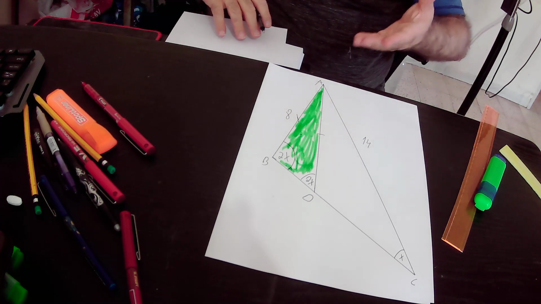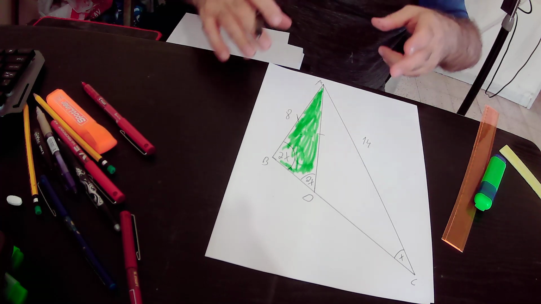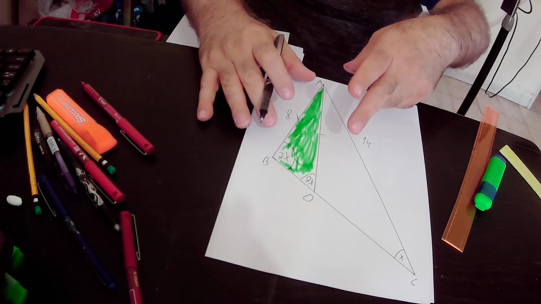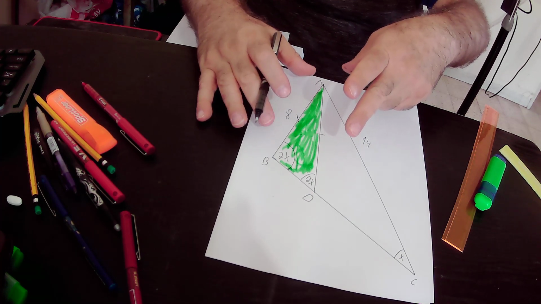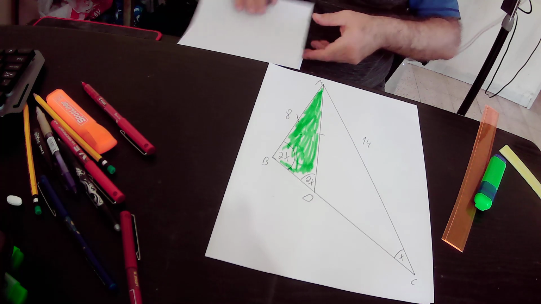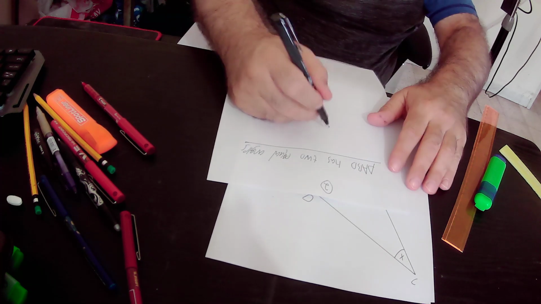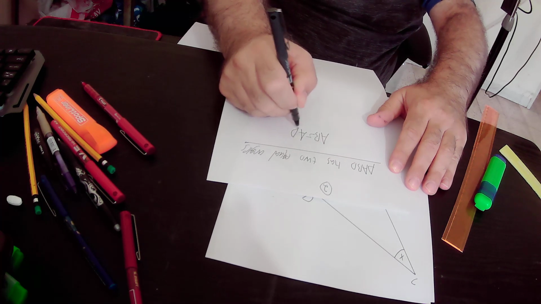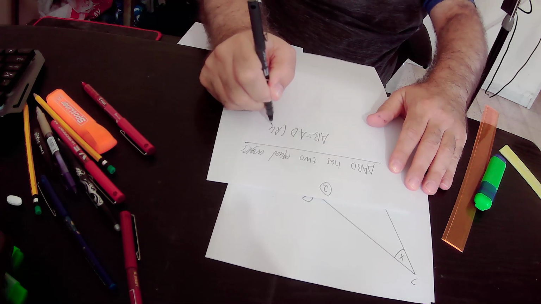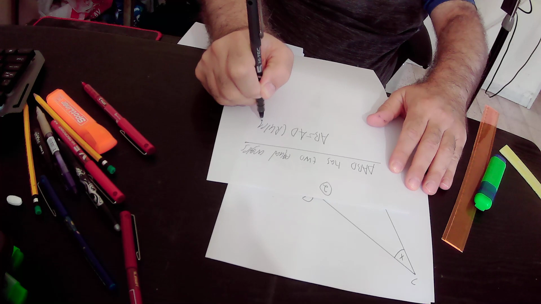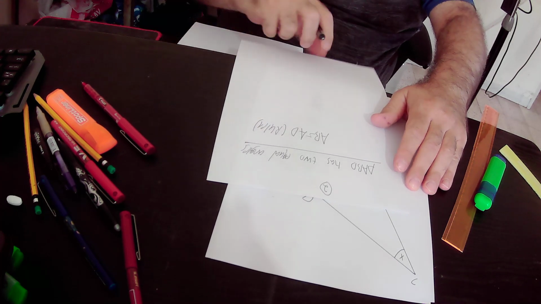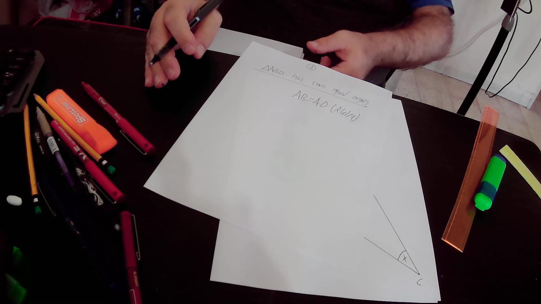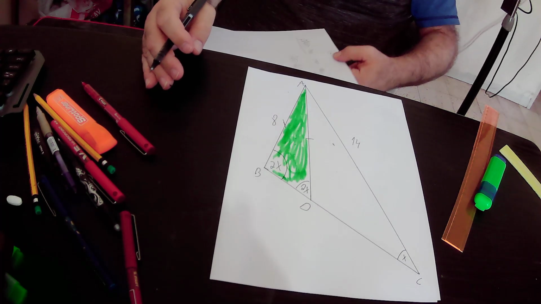And according to rule number 1, the sides that are in front of equal angles are also equal between them. That is to say, AB equals AD.